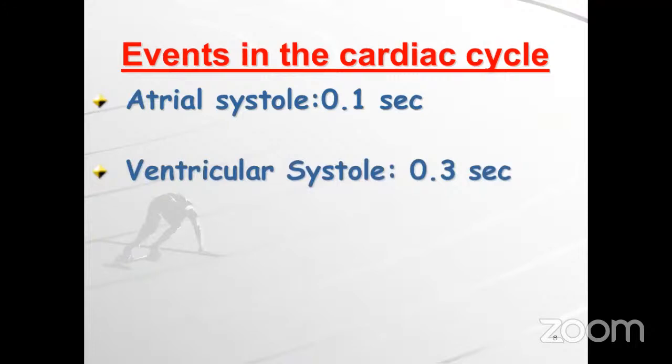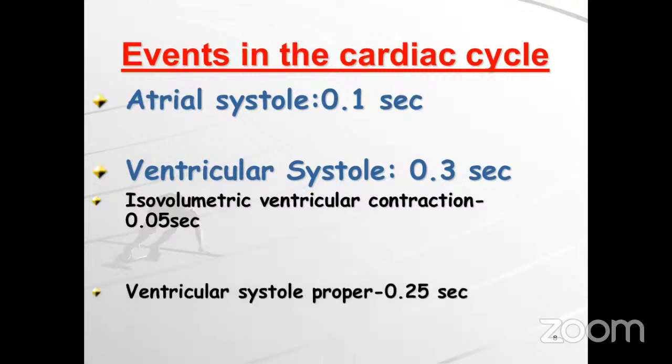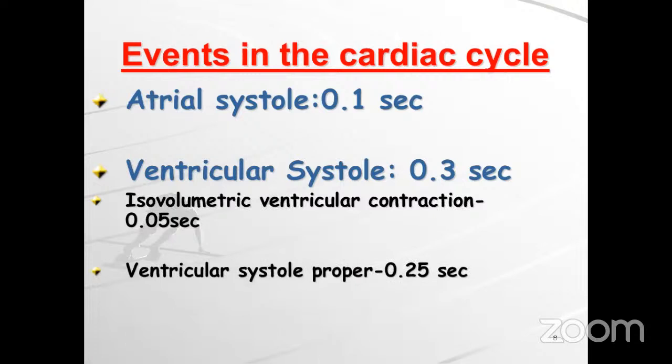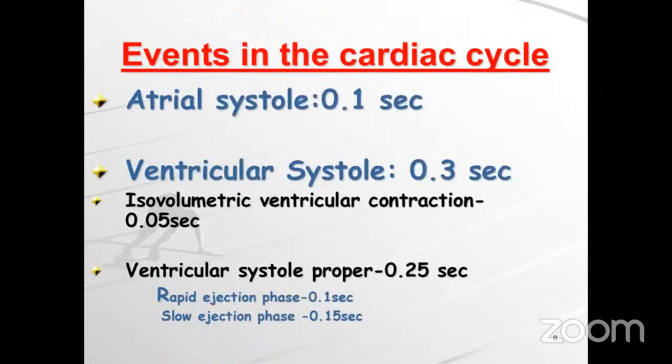The ventricular systole is further divided into isovolumetric ventricular contraction, 0.05 second, and ventricular systole proper, 0.25 second, which includes rapid ejection for 0.1 second and slow ejection for 0.15 second.